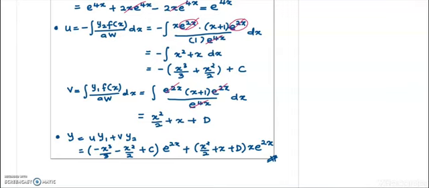Now I want to highlight here: what if I have the initial condition?